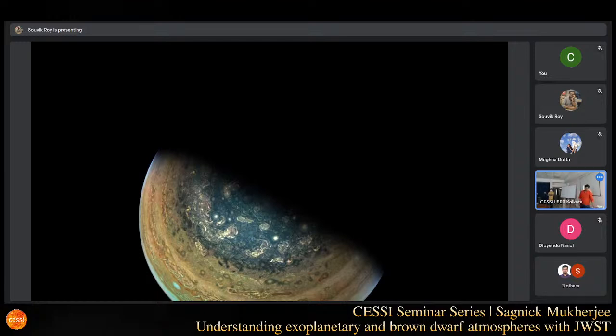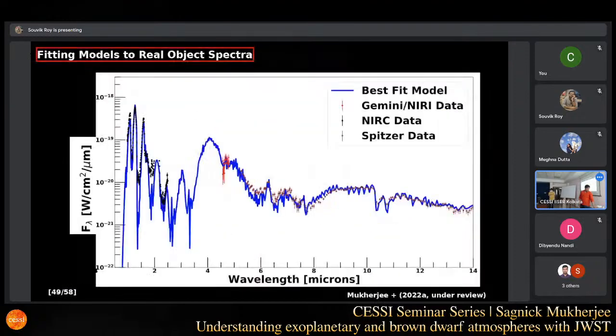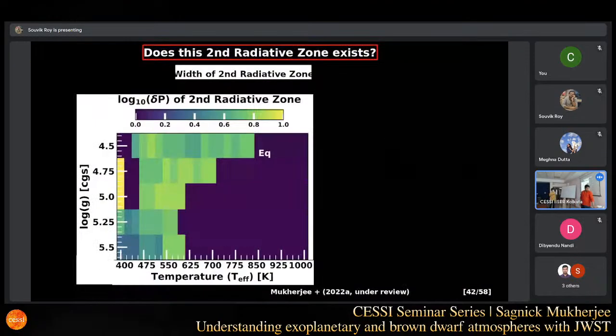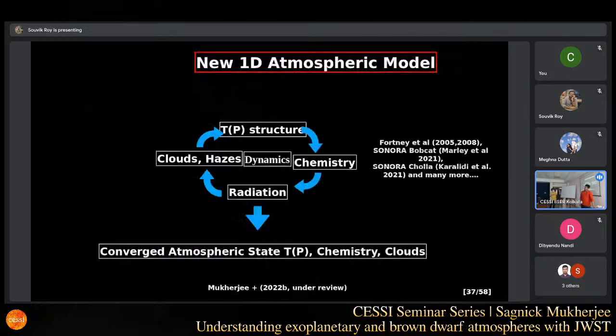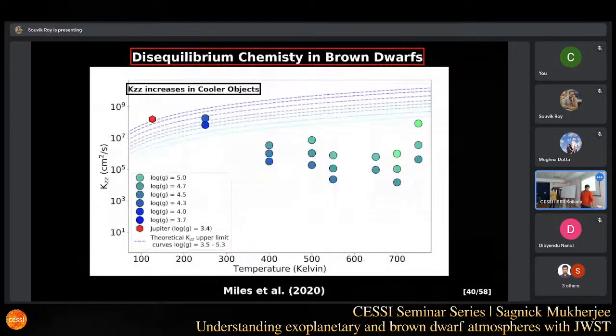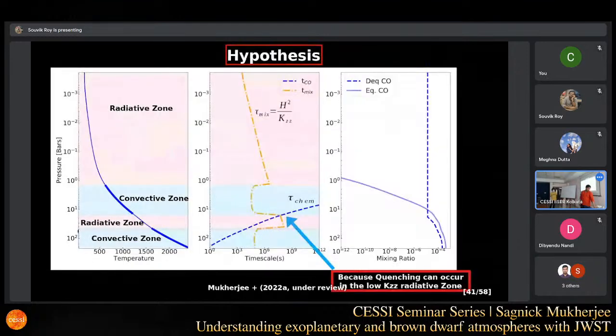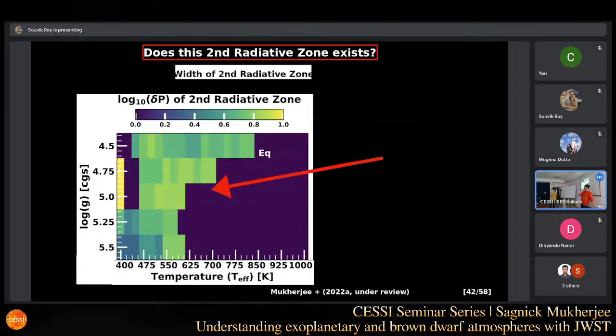It shows spectra for chemical disequilibrium and for equilibrium. Was it based on observation? Oh no, that was just model. So that's the model. I was saying that it can be detected in observation, that difference, but those are all models. You can see different spectra for chemical disequilibrium and for equilibrium.